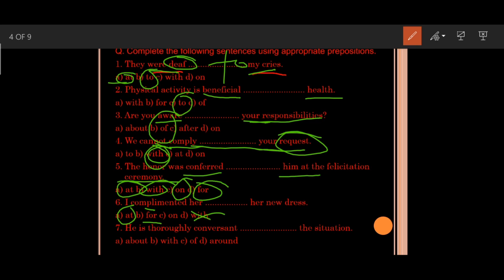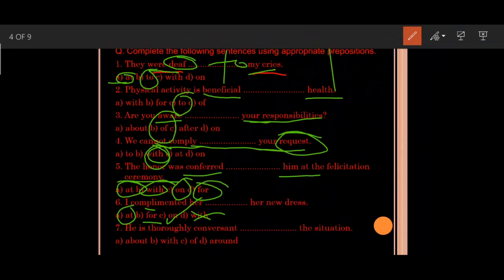So we are complimenting the person on her hair, or on her dress. उसके ड्रेस के लिए नहीं, उसी के लिए compliment, but उसके ड्रेस पे. So we are using I complimented her on her new dress, not at her new dress or not for her new dress, but on her new dress जो उसने पहना हुआ है. That is the right form of the answer.